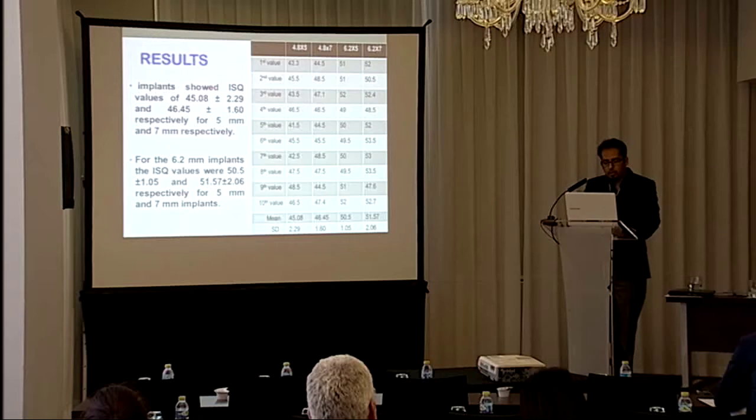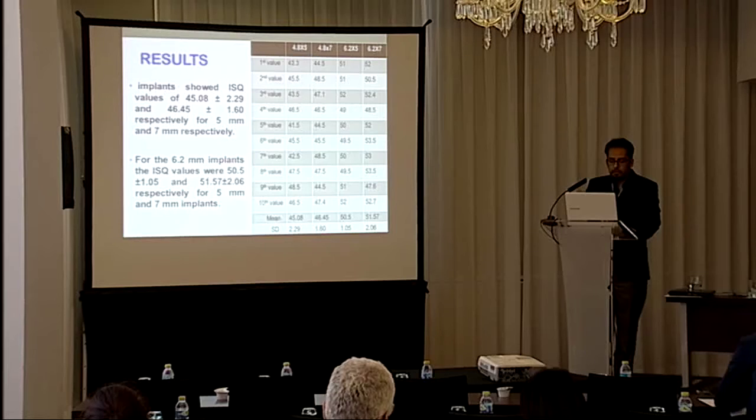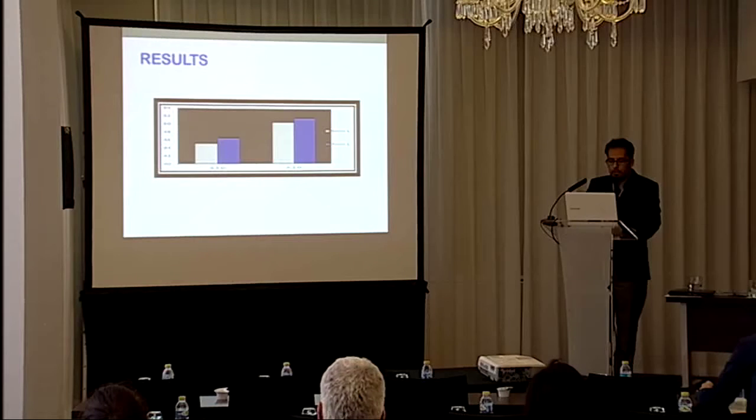For the 6.2 millimeter implants, the ISQ values were 50.5 plus or minus 1.05 and 51.57 plus or minus 2.06 for 5 and 7 millimeter implants respectively. This figure can also help to show the results.